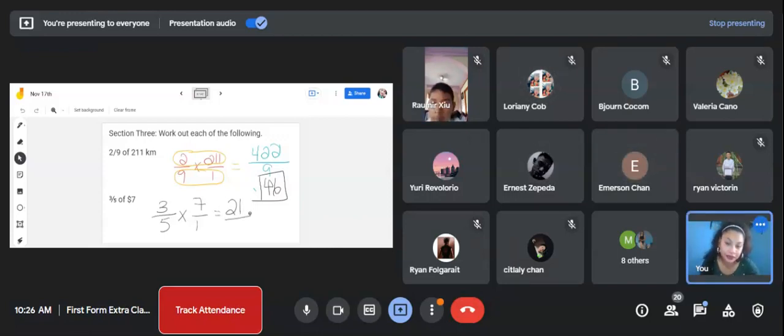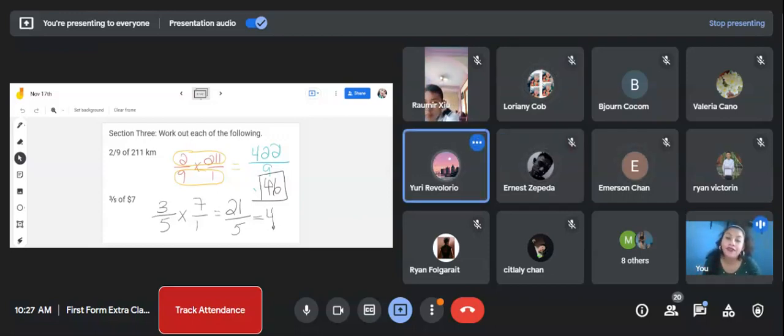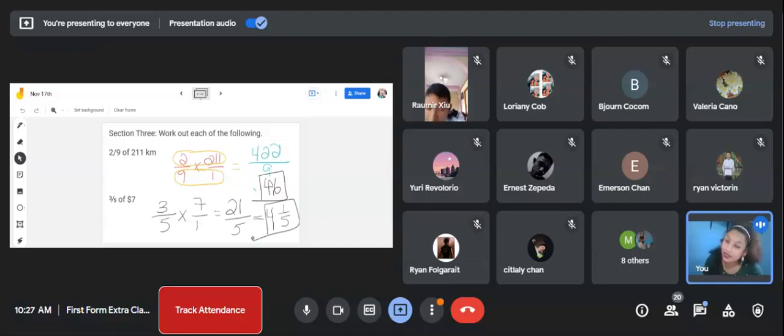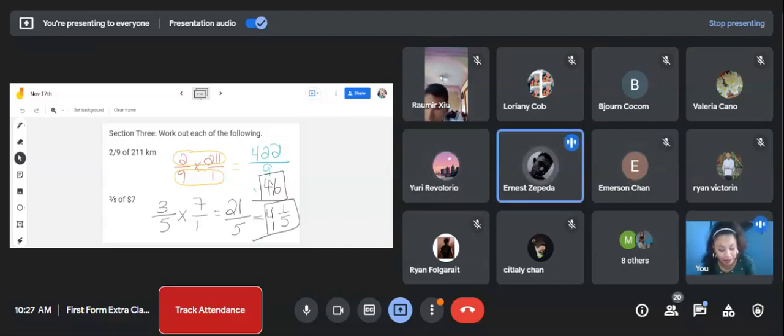And what is 5 times 1? 5. When you change it to a mixed number, how many times can 5 go into 21? 4. How much remainder is left? 1 over 5. This is your answer. You understood? Yes, miss.